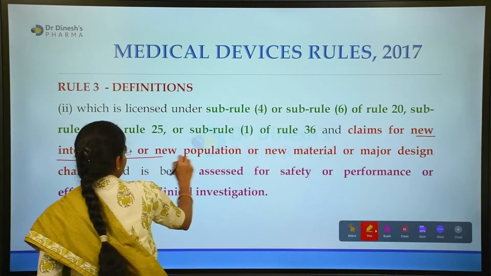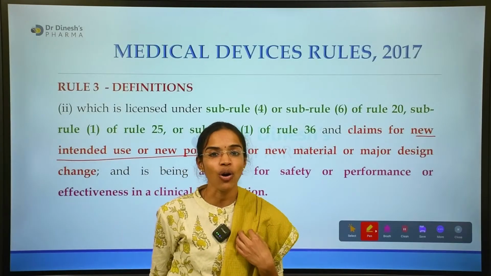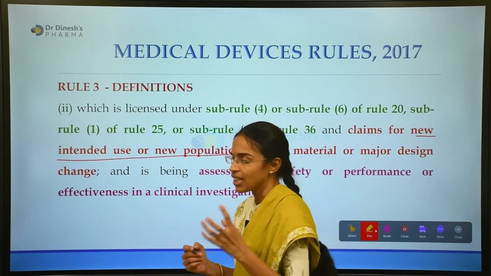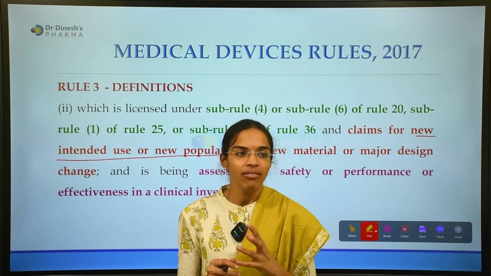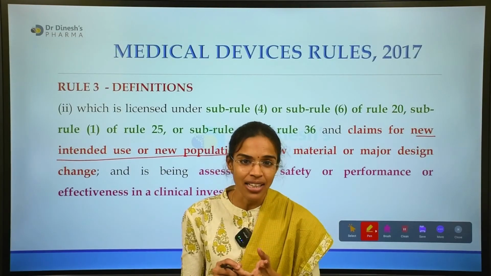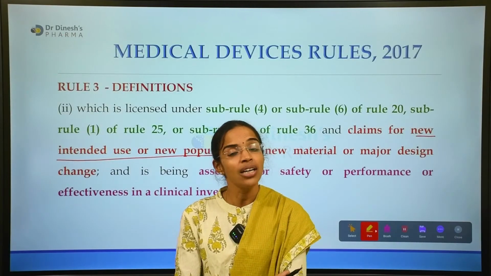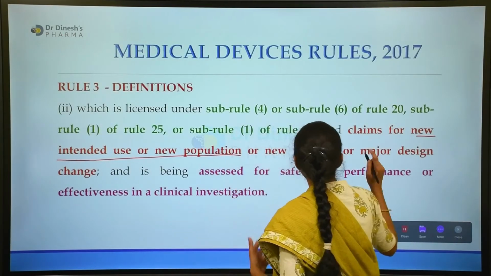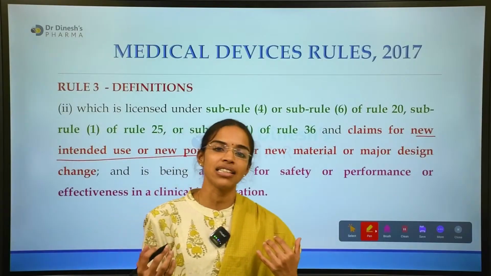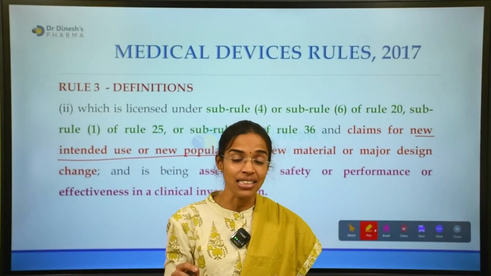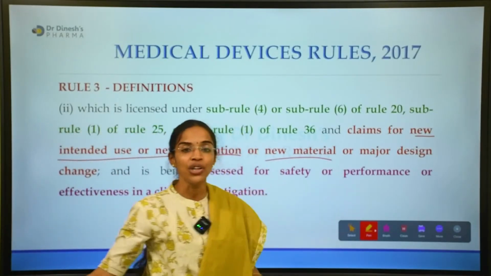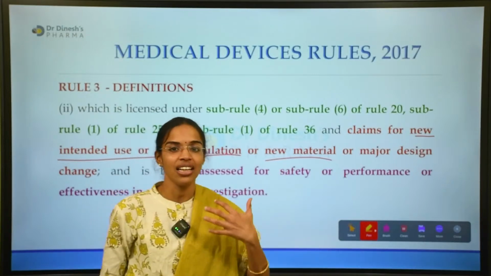Just now we discussed when we can call it an investigational medical device: when it is an absolutely new device, or when it does not have a predicate device, or when it claims a new use. It may already be licensed or existing in the market, but it has a new intended use, or is used in a new population, or has a new material or a new design.